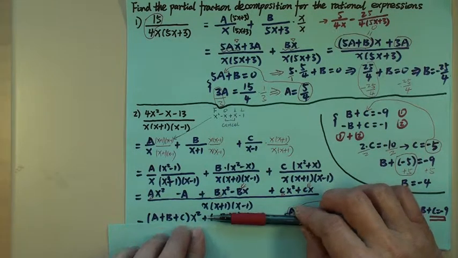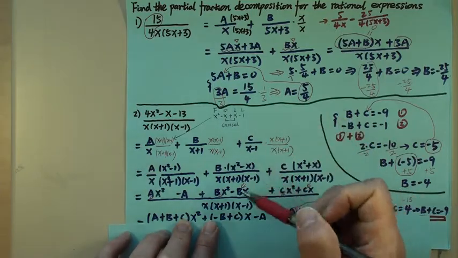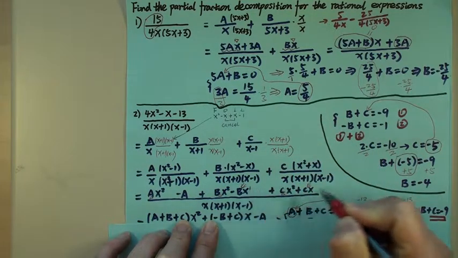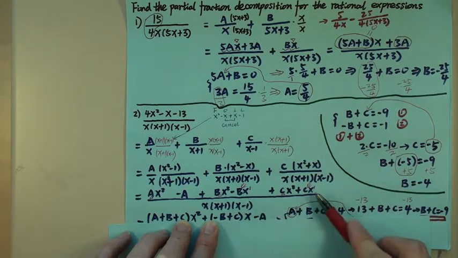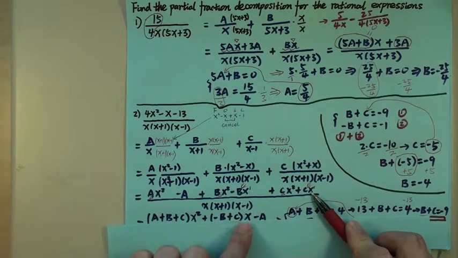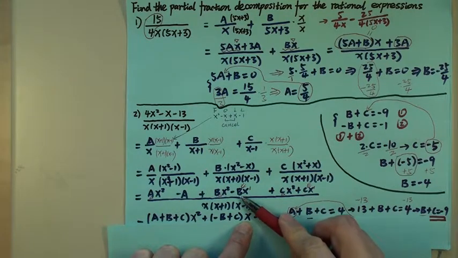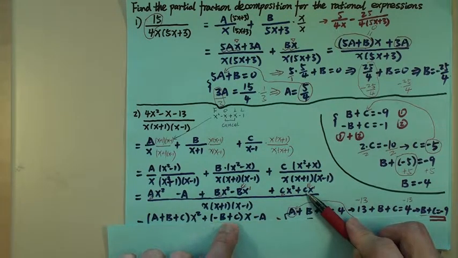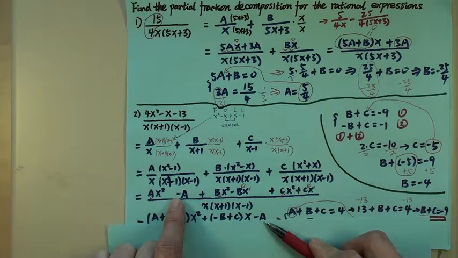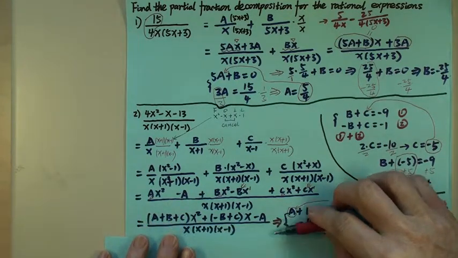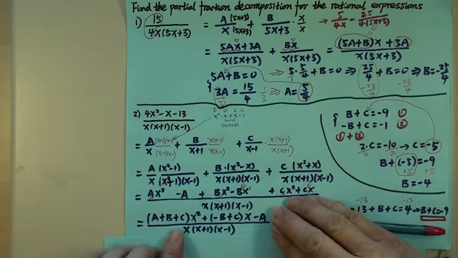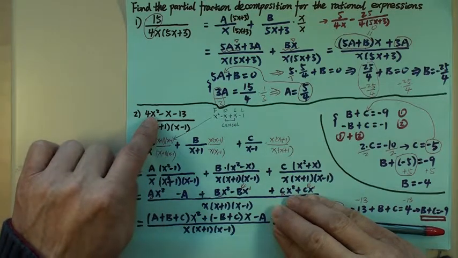Then the degree 1 terms, here the degree is 1, here the degree is 1, we need to combine those. We pull x out right here, and here is negative b, and then plus c. The last one is the constant, negative a.